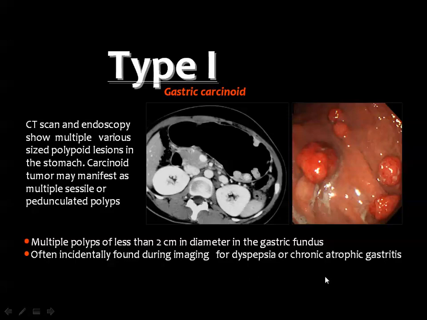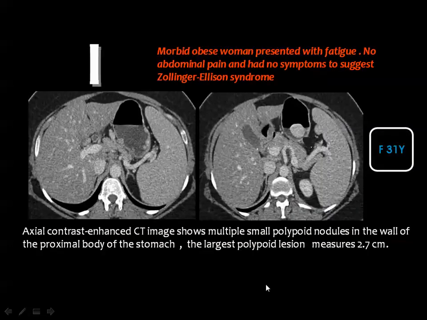It will appear as multiple bulboid lesions through the gastric wall, and carcinoid tumors are one of the lesions that show hypervascularity and significant contrast enhancement on CT scan. And this is a case of type 1 carcinoid tumor. You see this lesion and multiple other lesions in the wall of the stomach.